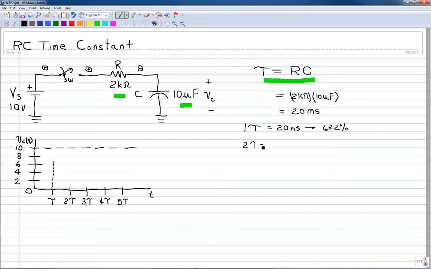Now in 2 tau, this is equal to 2 times 20 milliseconds, which is equal to 40 milliseconds.